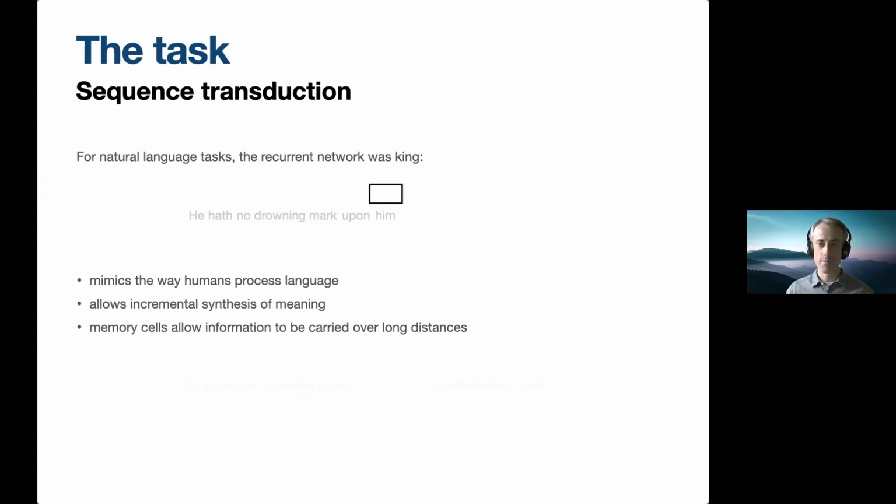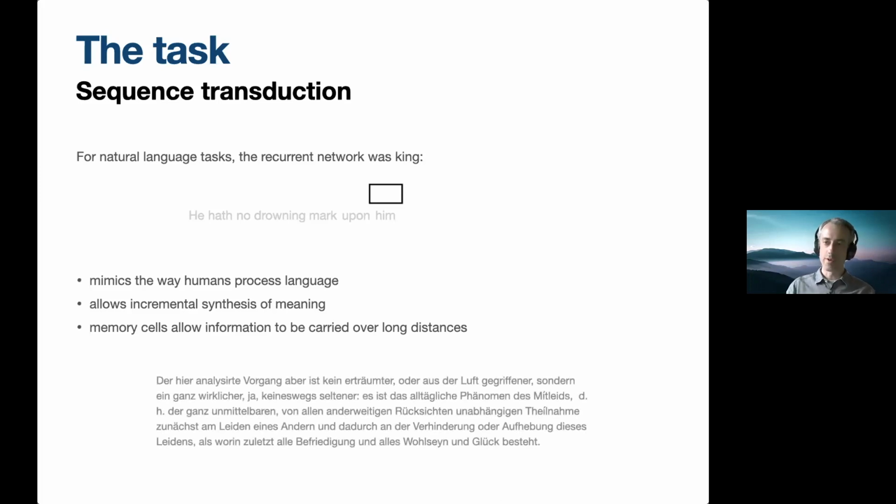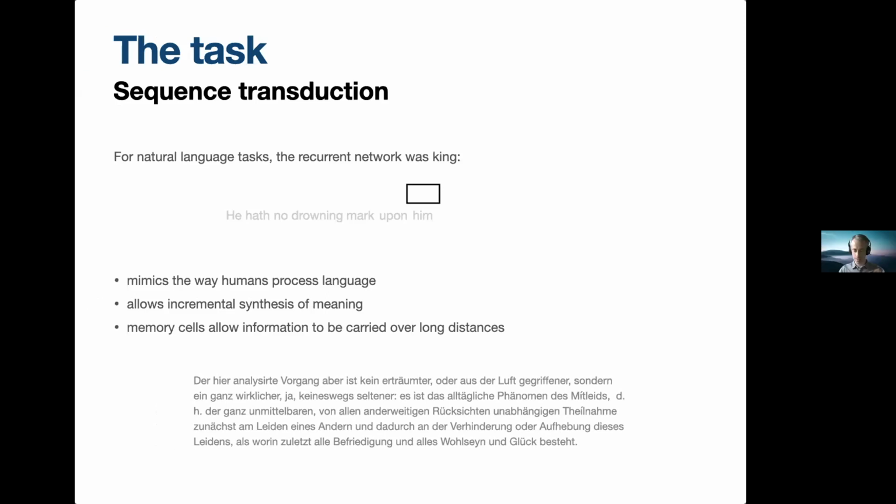If you want to do something like translate German philosophy, then you're going to need a pretty good memory for your recurrent neural network. So that's a key aspect that's required: connecting distantly connected items.